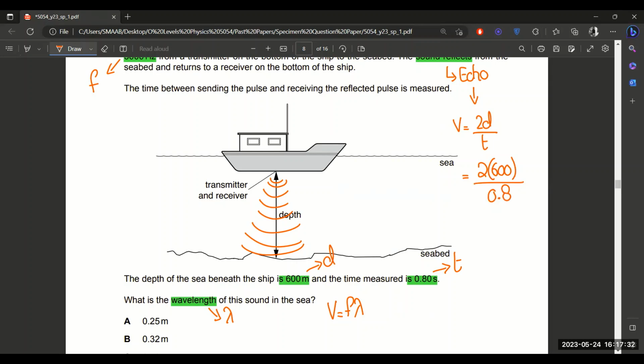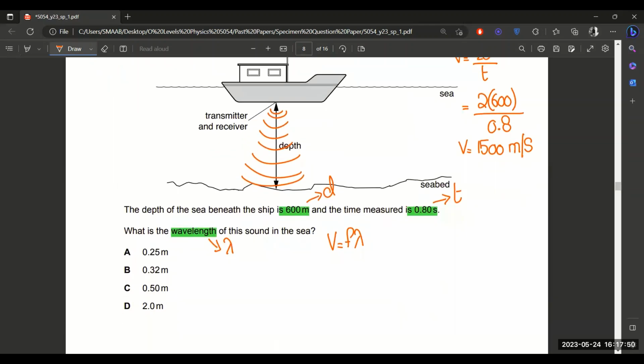So that is 1200 divided by 0.8, which will be equal to 1500 meter per second. That is the speed. Now we use the formula V equals F lambda, so V over F will be equal to lambda.